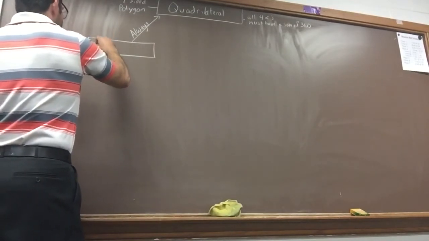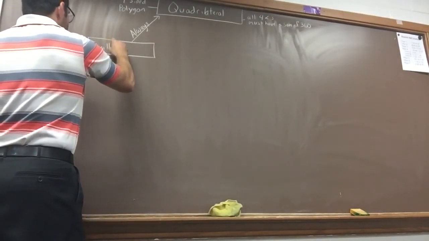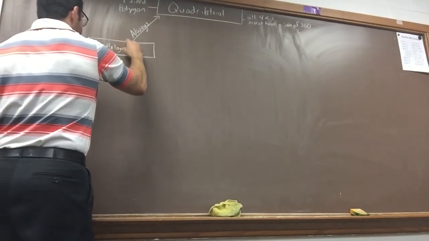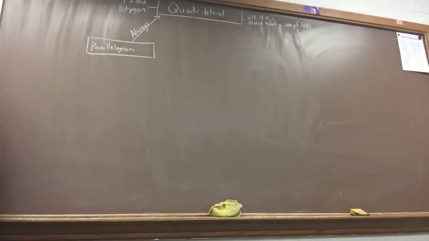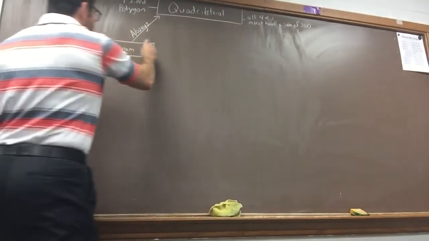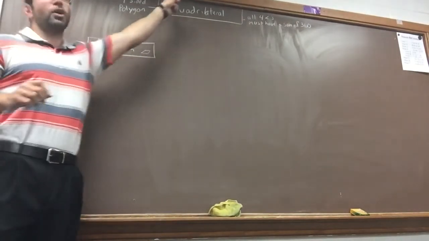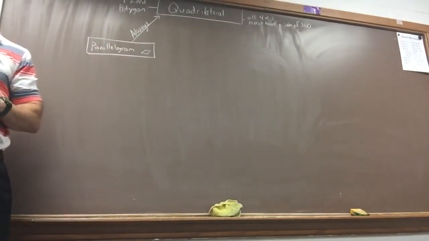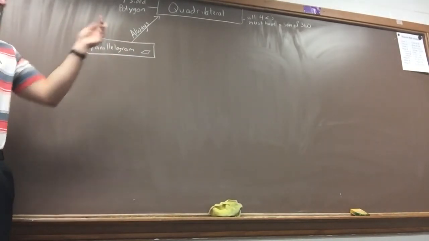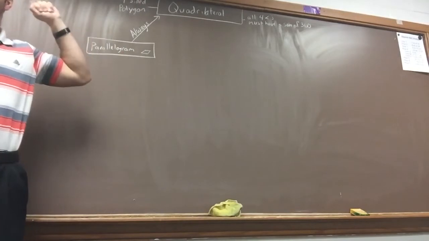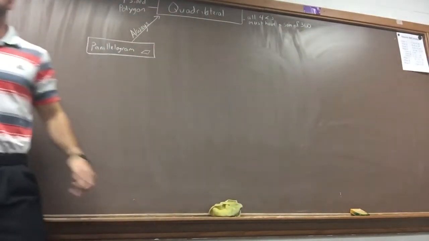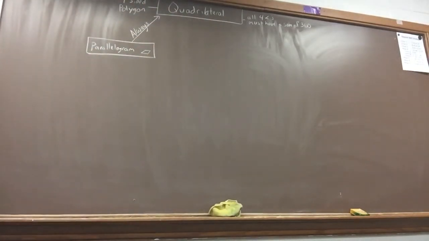And then we had parallelogram. Because the reason we have the word always that's going up is a parallelogram is always a quadrilateral. Has to be. Because a parallelogram is a four-sided polygon. All four angles must have a sum of 360 degrees.